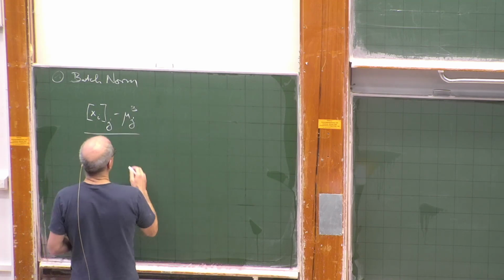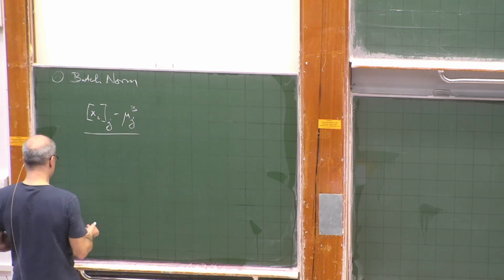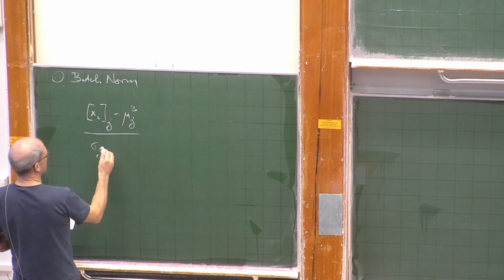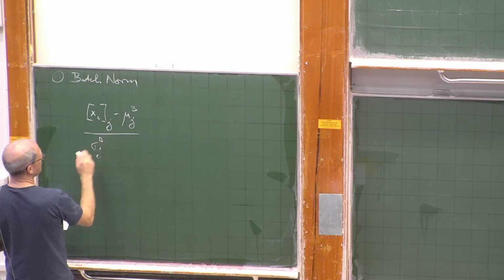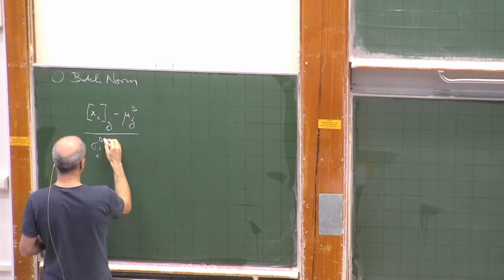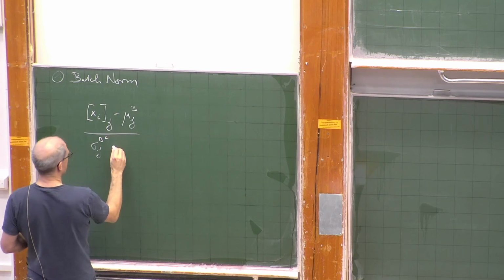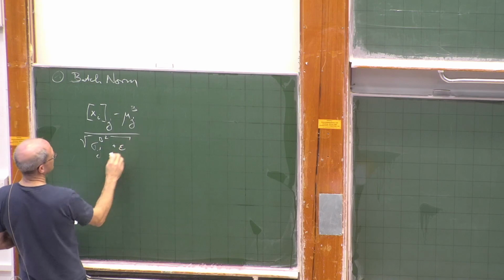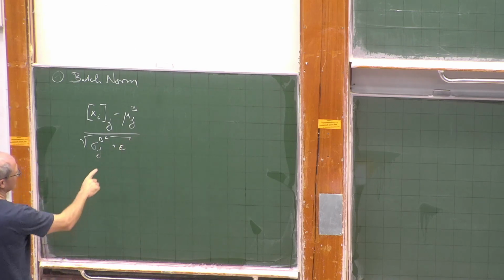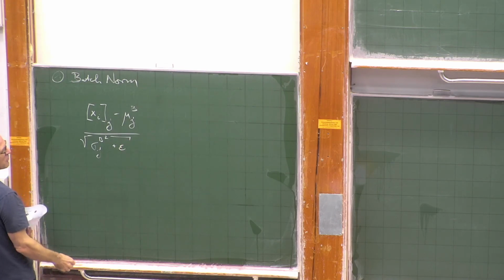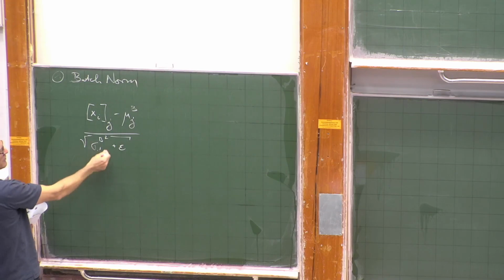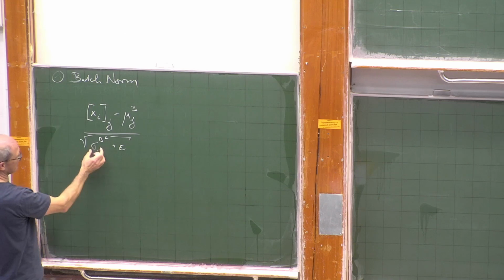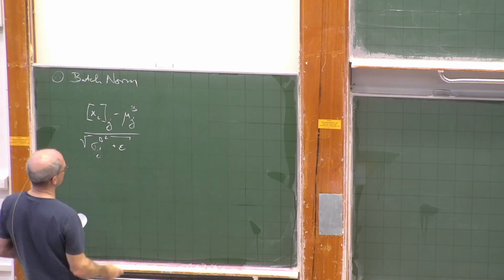Then we standardize: divide by sigma j squared, the variance computed from this batch, plus a small number larger than 0 to regularize, to prevent division by 0 if this estimate were 0.